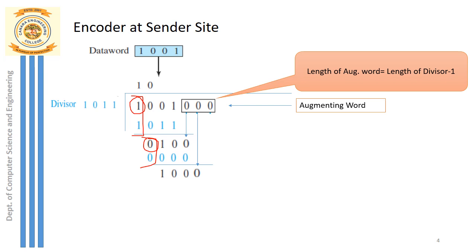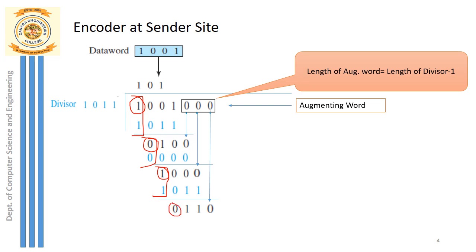Again we check the first bit of the dividend and we multiply the divisor with 1 and we get 1011. Again we leave the leftmost bit and perform XOR operation. We get 011 as the remainder. Again we have one more bit in the dividend and we get the new dividend as 0110, and the first bit is 0 again.